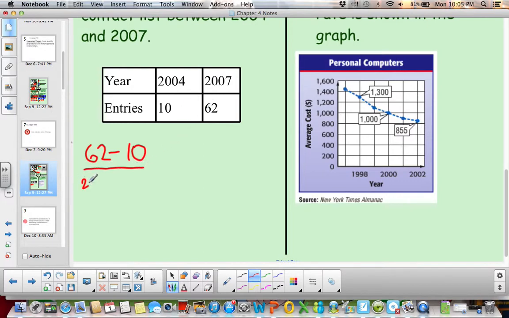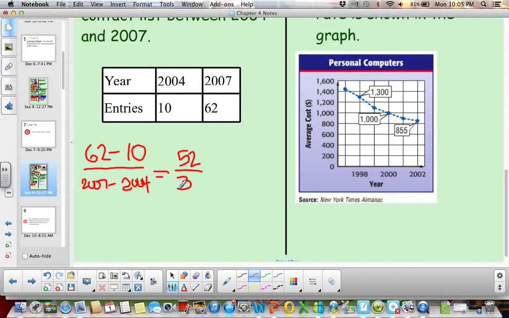2007 minus 2004. So 62 minus 10, we get 52. 2007 minus 2004, we get 3.